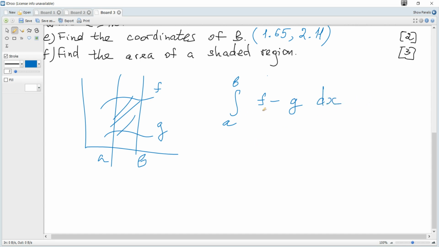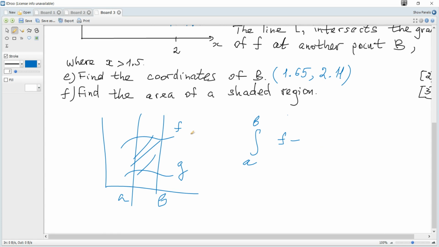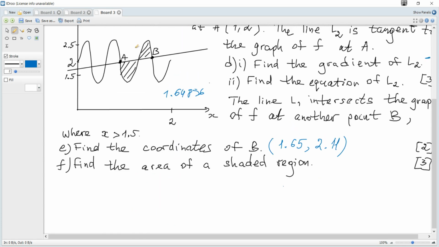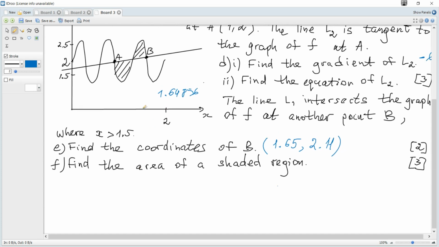If you integrate the other way you get absolutely the same, but with minus. But here you can see that initially the line is above and then the curve is above, and if we integrate from a to b, just for example curve minus line, it will not be correct.